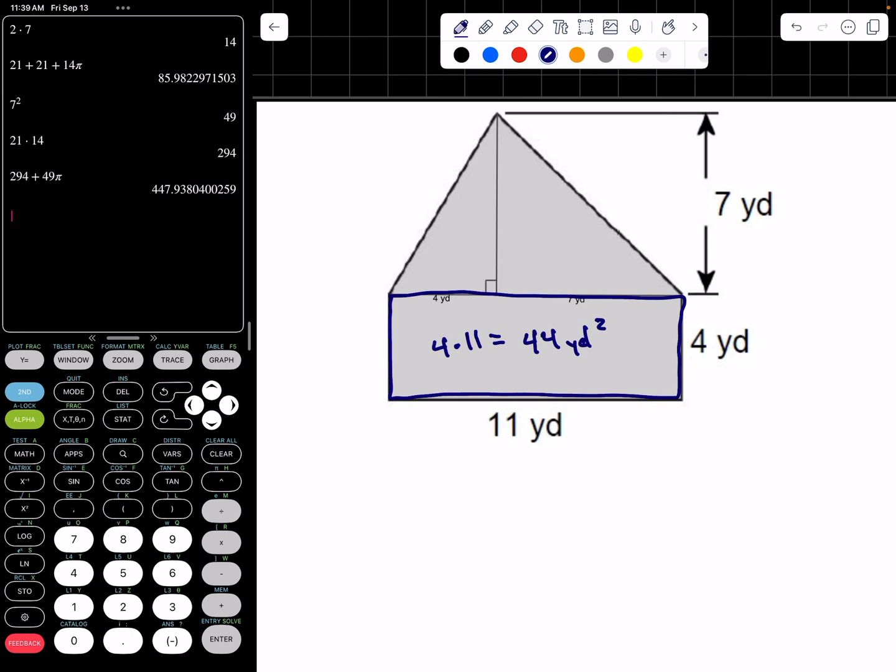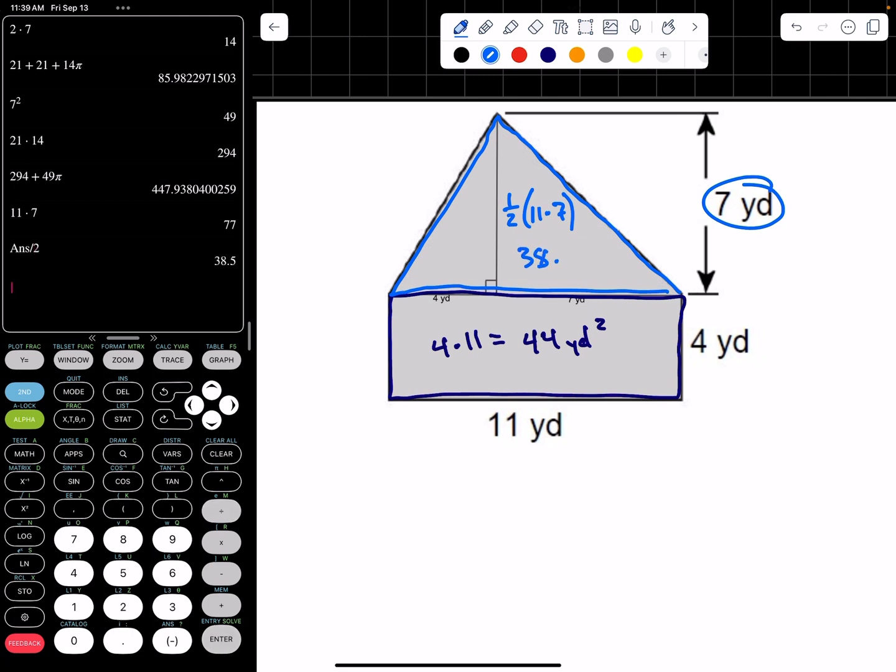And then for this triangle right here, I have 1/2. My base is 11. My height is 7. We can see that over here. So 11 times 7 is 77 divided by 2, 38.5 yards squared.